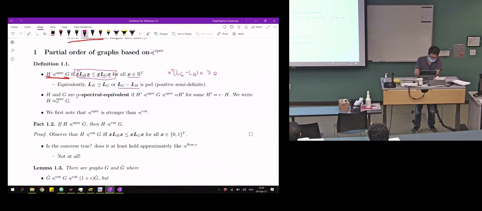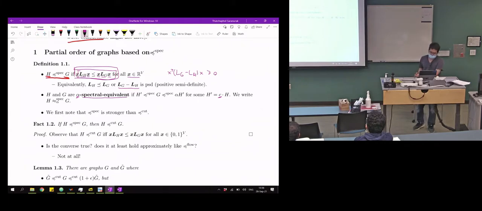We also say that H and G are alpha spectral equivalent if the two graphs are close to each other in this sense. That is, there exists some scaling c. Maybe you can forget c for now. Think of it as H is less than G and G is less than alpha times H, but I allow some scaling here.